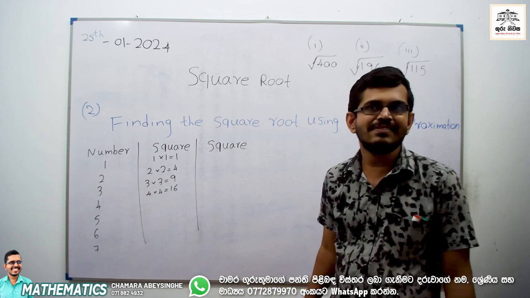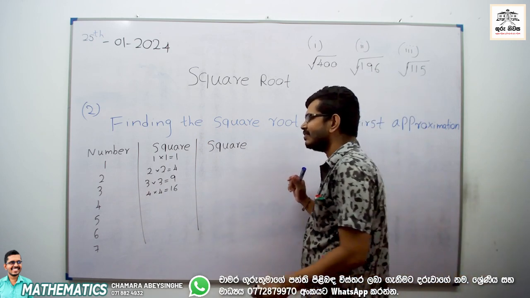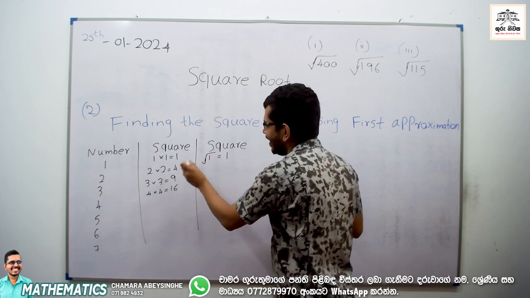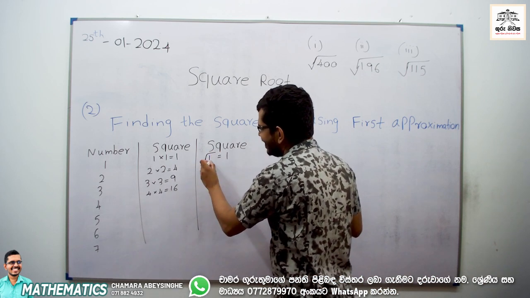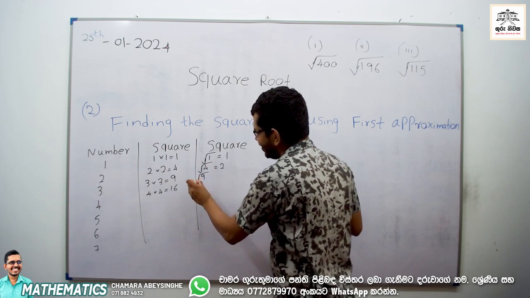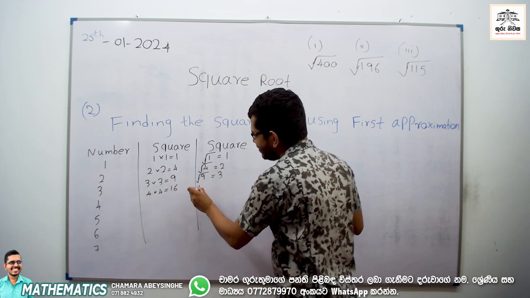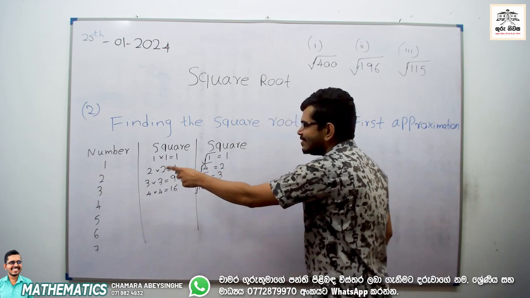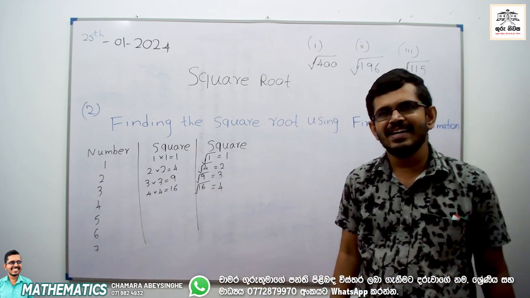Square root: square root 1 is 1, square root 4 is 2, square root 9 is 3, square root 16 is 4. Like that, we write the square roots.